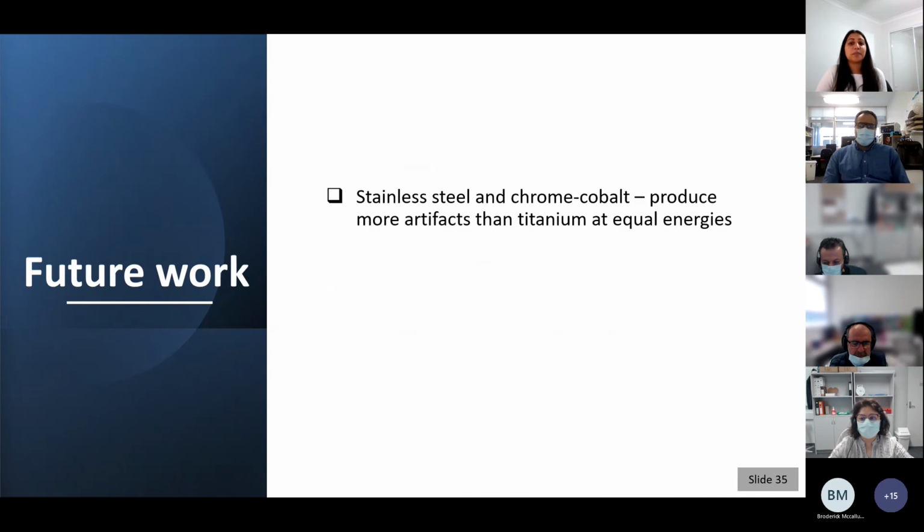So for future work, SEMR requires further testing with a variety of metal implants and patient scenarios. And I think it should include other most used metal implants, including stainless steel and chrome cobalt, since they produce more artifacts than titanium, which is what we used, at equal energies.